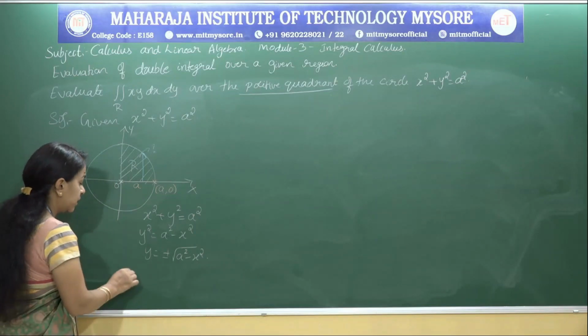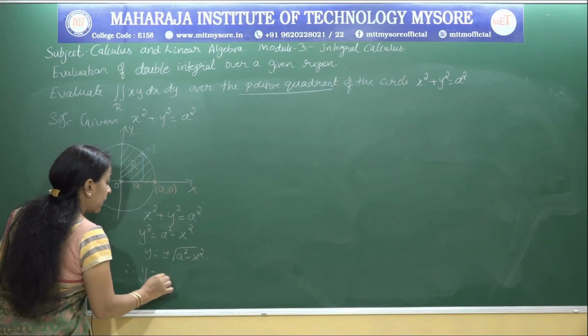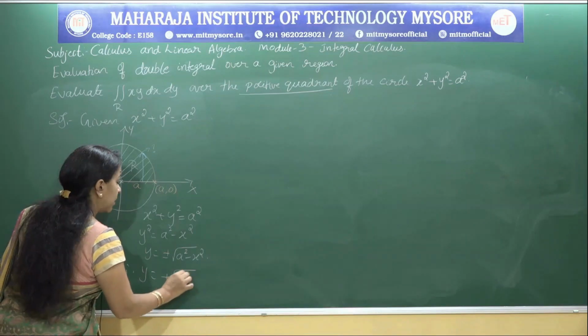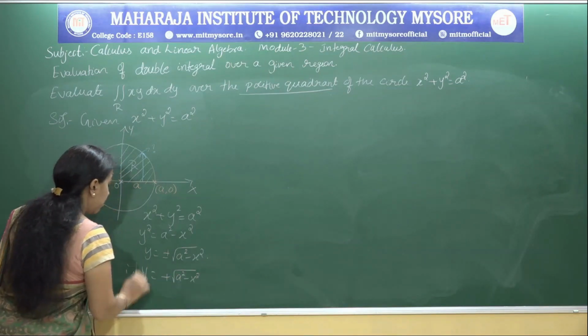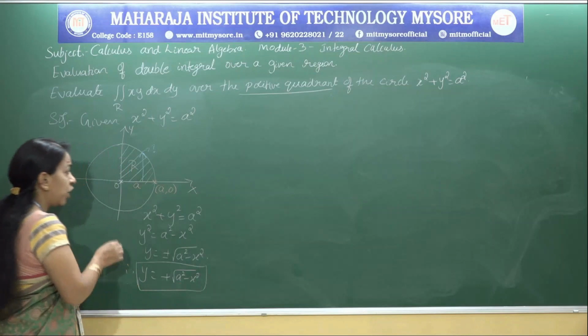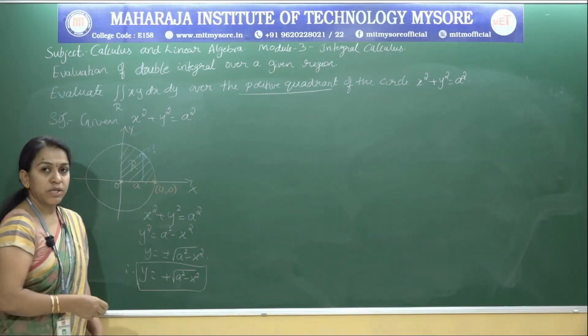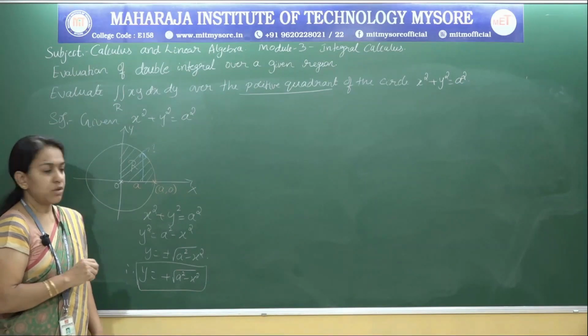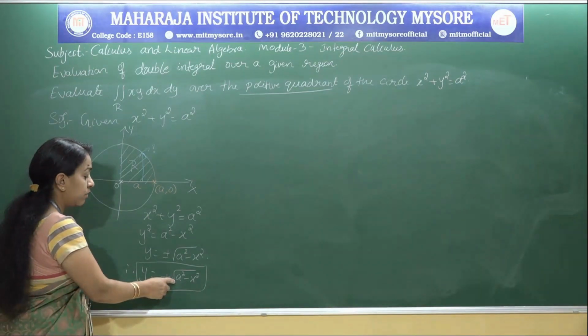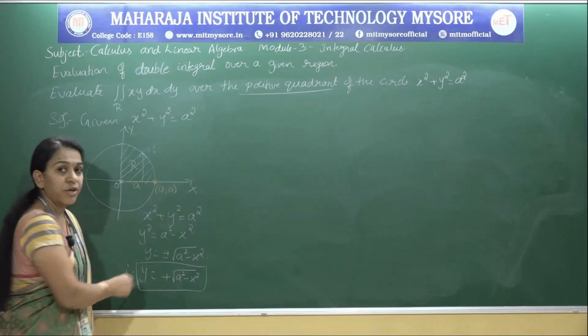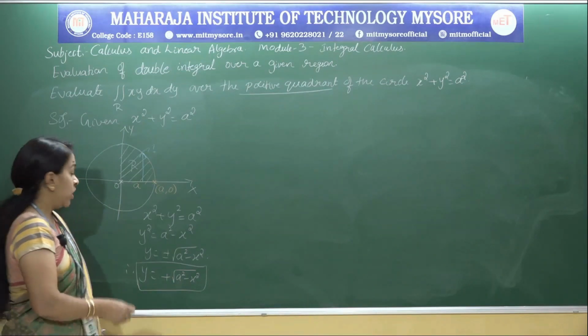Here we should consider only the positive value, because we are supposed to evaluate in the positive quadrant. So neglect the negative result, consider only the positive one, that is y equals root of a square minus x square.